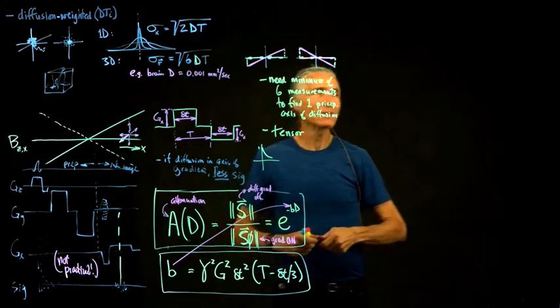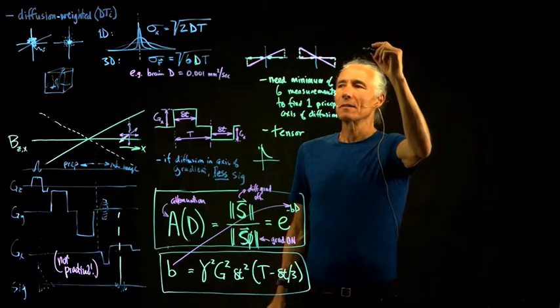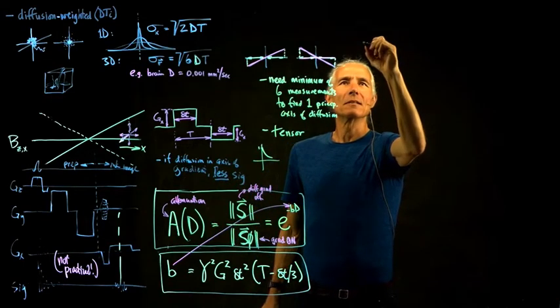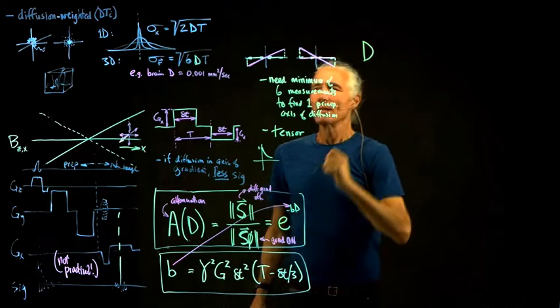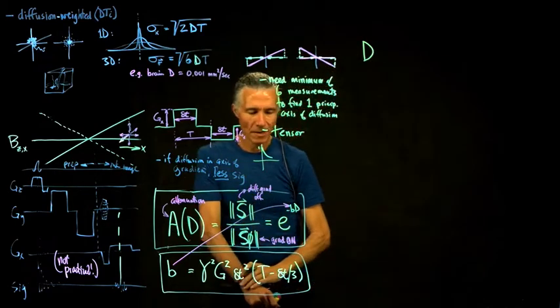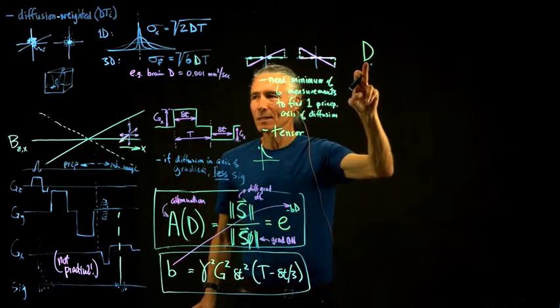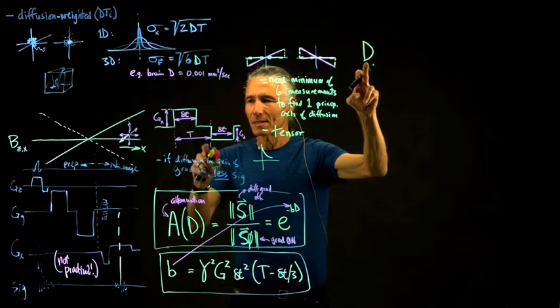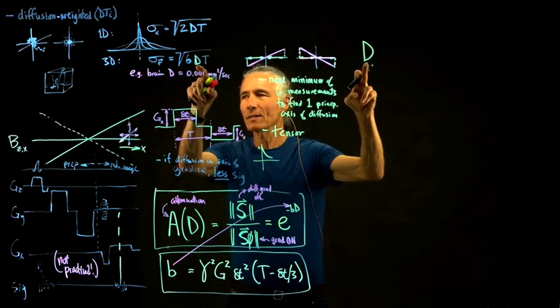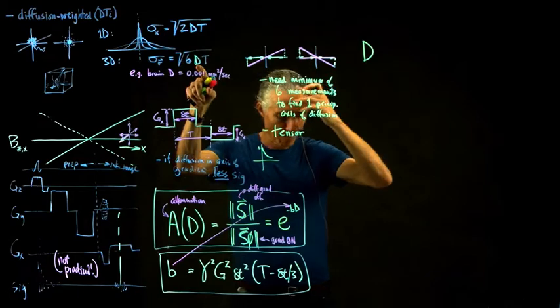tensor. So the diffusion tensor is used for an equation that will just generate D, which is just this D right here. That's just a scalar. That's just a single number.